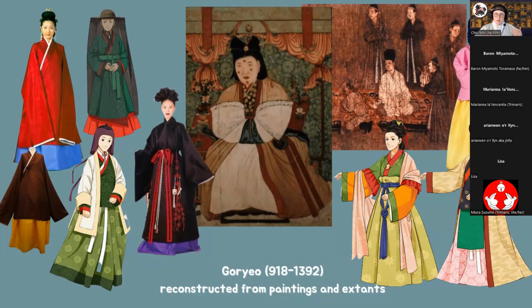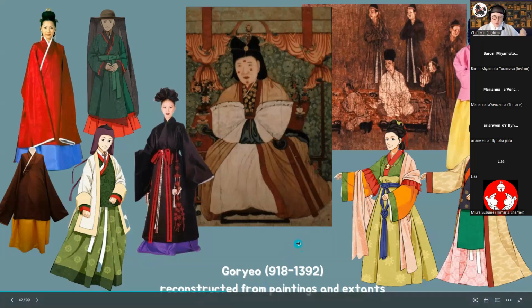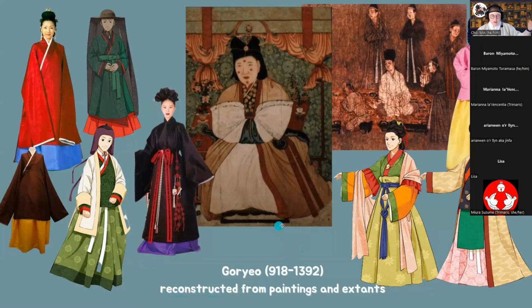So this is a memorial painting, to be put up in a temple for ancestor veneration purposes. Of course there would be transitional period clothing. It doesn't just magically change. But we're taking this as basically one of our most faithful depictions of a Goryeo woman's outfit.